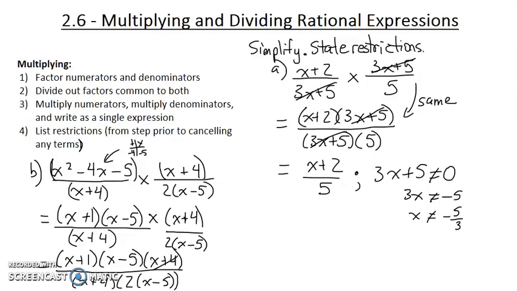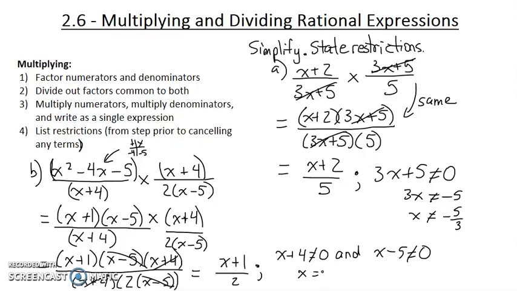So you see that the x plus 4 cancels out, the x minus 5 cancels out, and what we're left with is x plus 1 over 2, where we have the restriction that x plus 4 cannot be 0, and x minus 5 cannot be 0. That means that x cannot be negative 4, and that x cannot be positive 5.